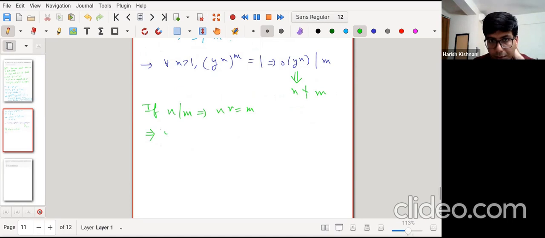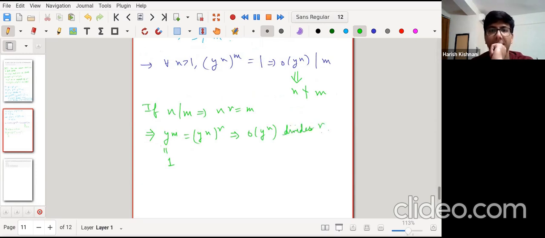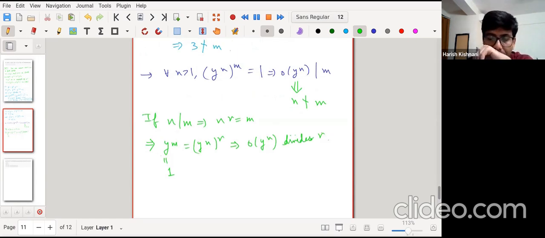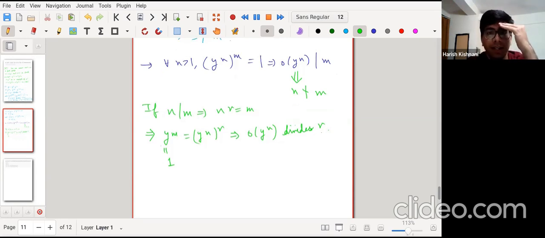Then you have y^m to be (y^n) raised to r, that is equal to identity, which implies the order of y^n divides r. So if it is dividing m, then it will divide r also.